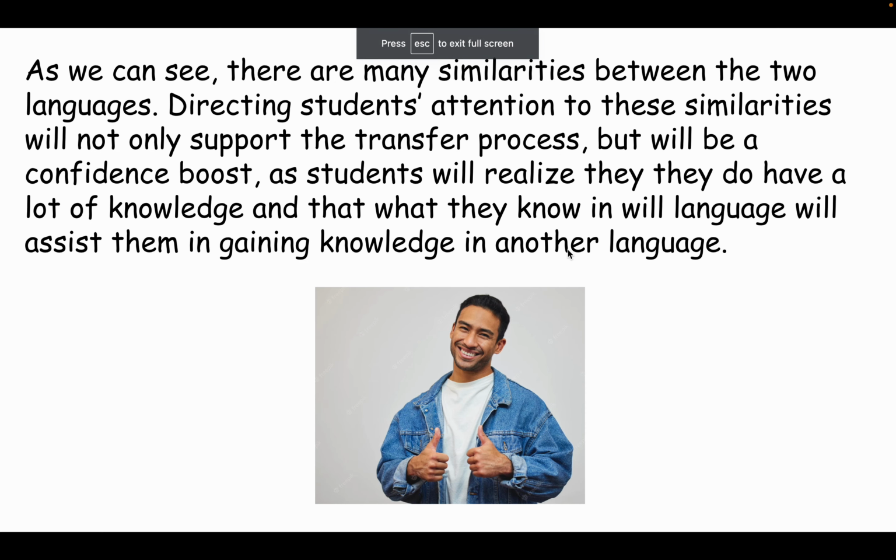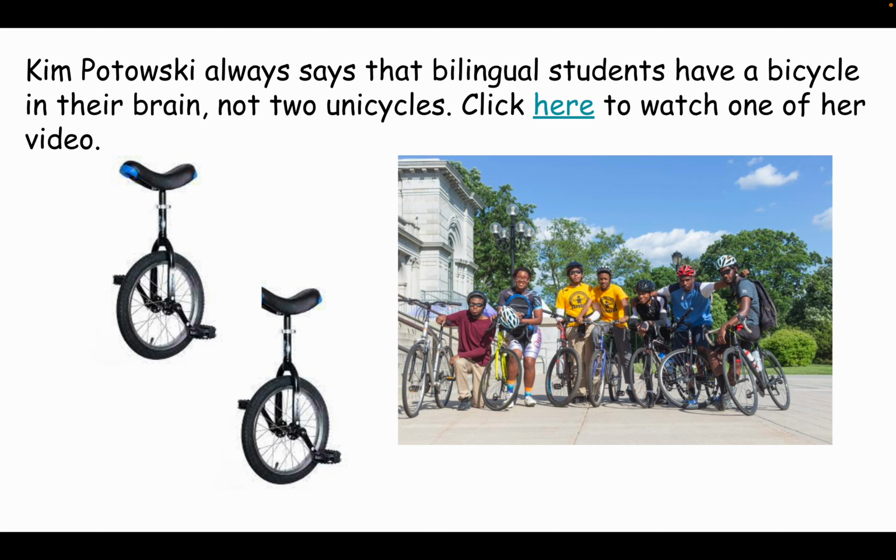As we can see, there are many similarities between the 2 languages. Directing students' attention to these similarities will not only support the transfer process, but will be a confidence boost as students realize that they do have a lot of knowledge and what they know in one language will assist them in gaining knowledge in the other language. Kim Potowski always says that bilingual students have a bicycle in their brain, not two unicycles.